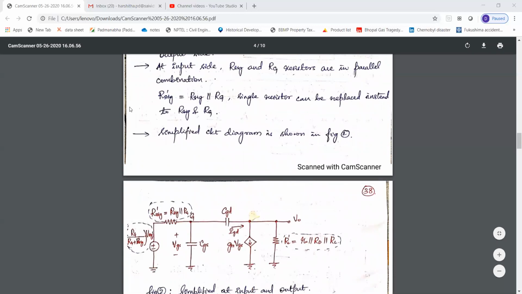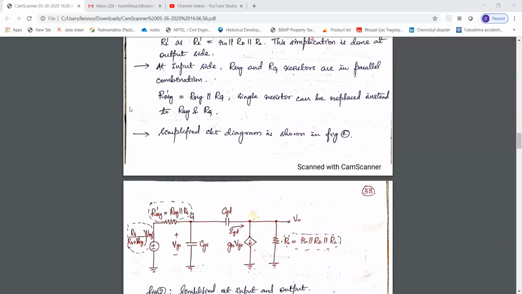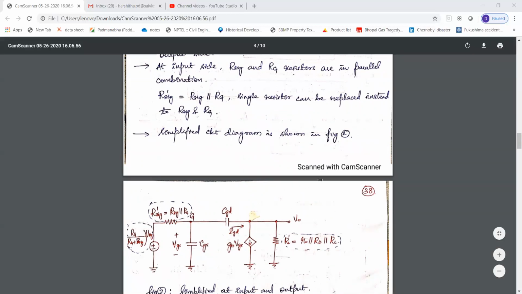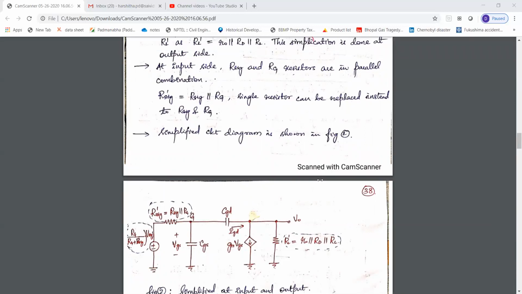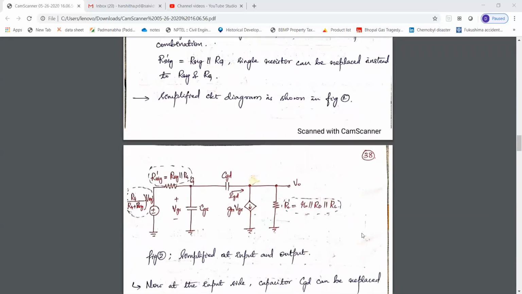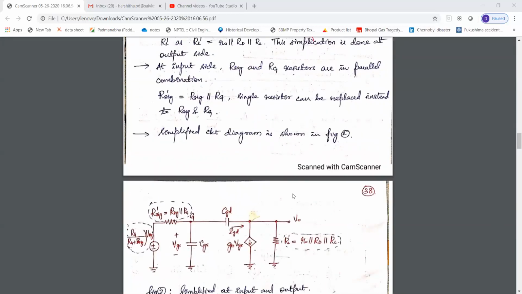So see here, this was the actual equivalent circuit. See here, these three resistances are replaced by a single resistor RL dash.